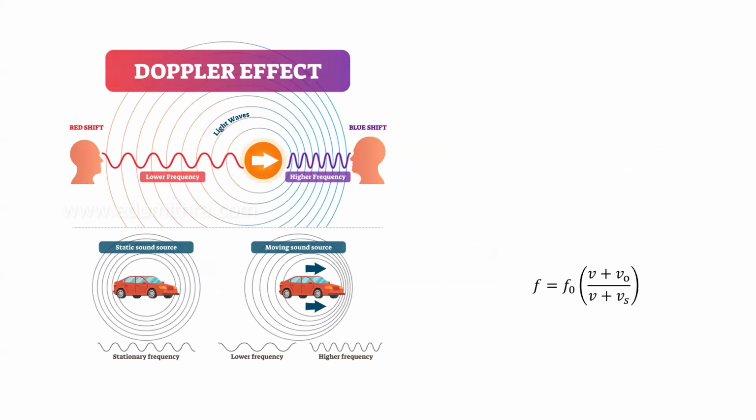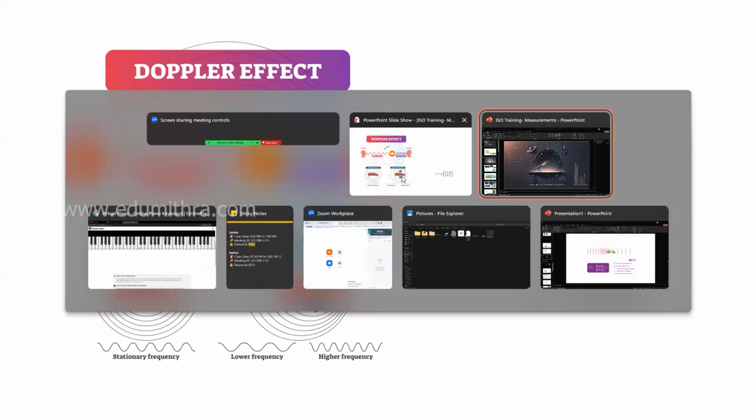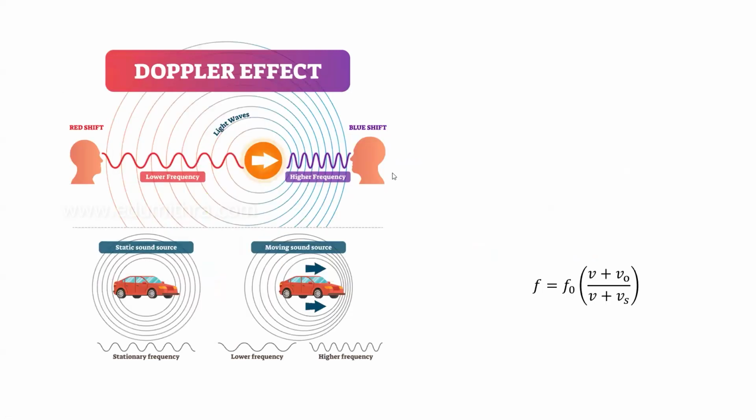Now we can also do another interesting measurement with sound. There is an interesting phenomenon in physics called the Doppler effect. Before going to the Doppler effect, assume that you are standing somewhere like this, and a car is passing by.